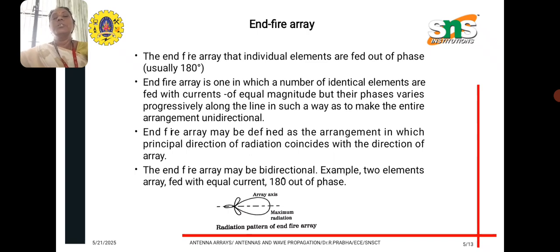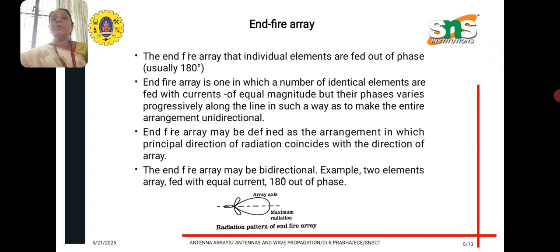And now coming to the end-fire array. The end-fire array is the array in which the individual antennas are fed out of phase, usually 180 degrees. It is one in which a number of identical elements are fed with current of equal magnitude, but their phase varies progressively along the line in such a way as to make the entire arrangement unidirectional.